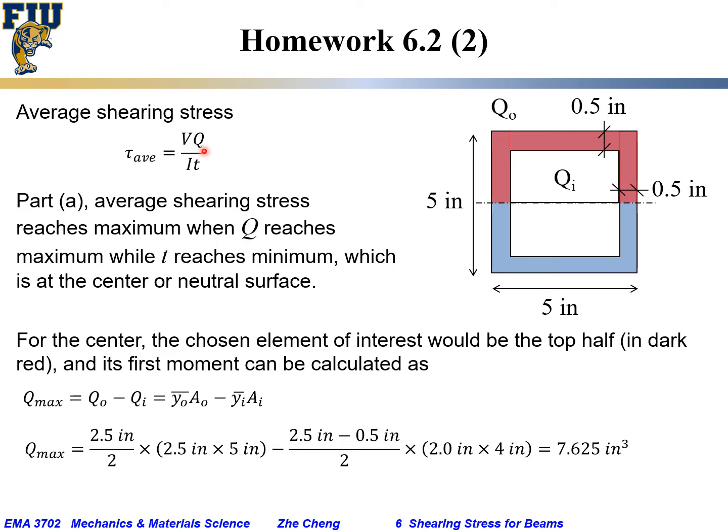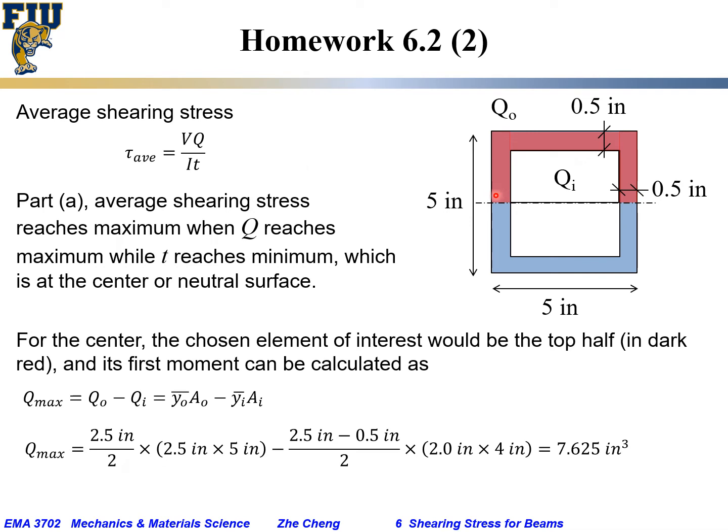Q would be the first moment for the element that we chose. Okay, for part A, we want to know the maximum average shearing stress, and for such a cross section, from what we learned, I would be constant, and the maximum average shear would be when Q reaches maximum, because V term would be constant, I term would be constant, and the maximum would reach when T is small and when Q is large.